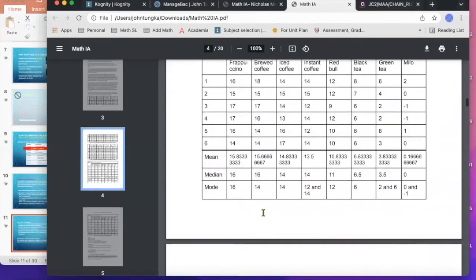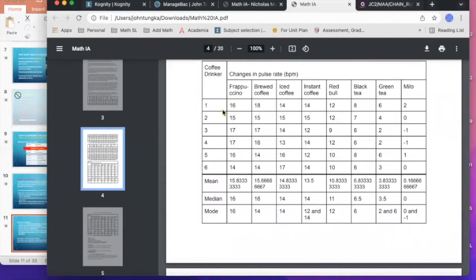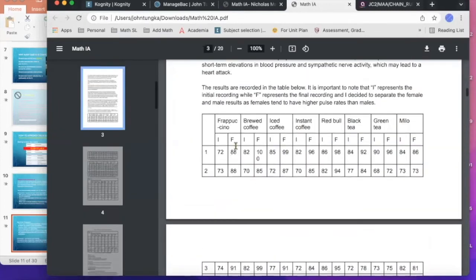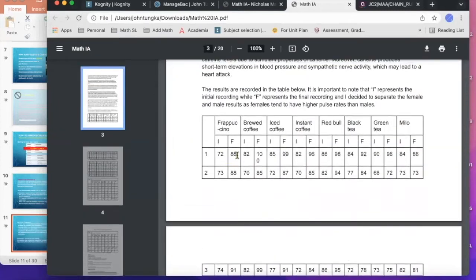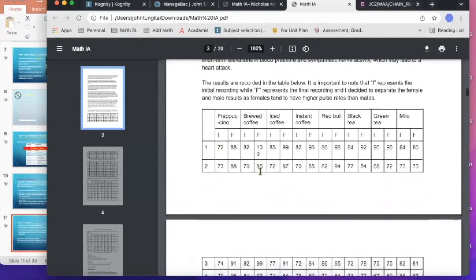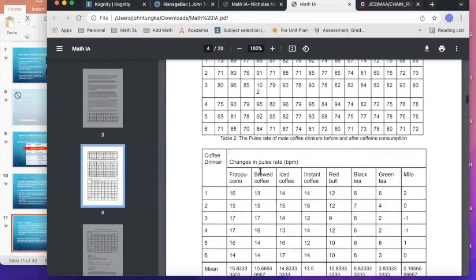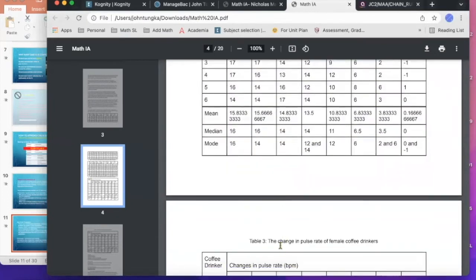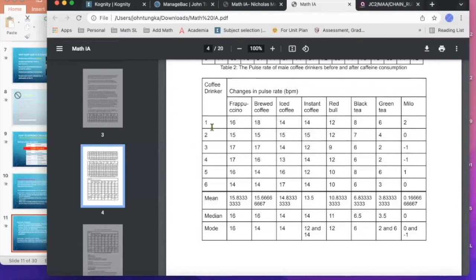Yeah, that's from table 1. So this relates to table number 1. Because you have 88 minus 72, then you go to table number 3. This is table number 3, right? Because you put the label down here. Is that correct? Yes.